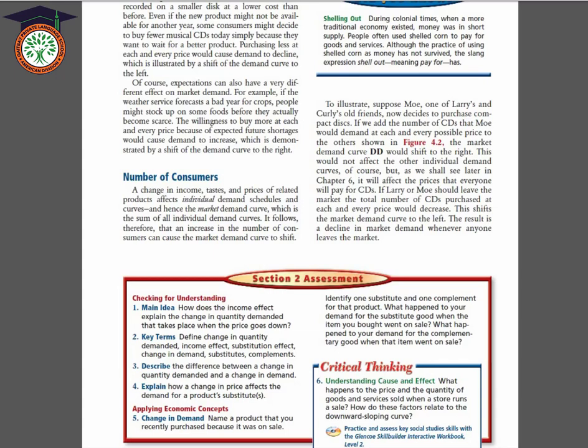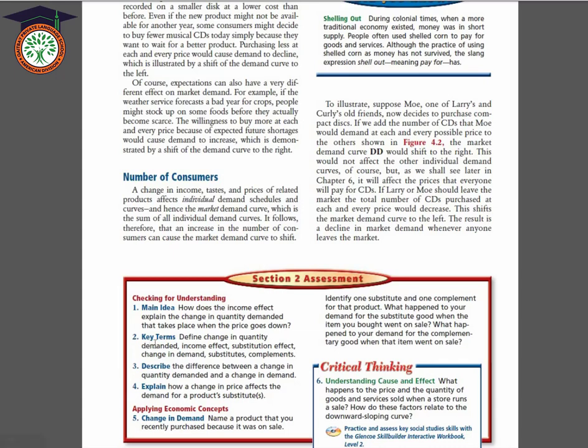All right? So I want you to explain, number 1, how does the income affect the change that happens in the quantity demanded when the price goes down. This is number 1.